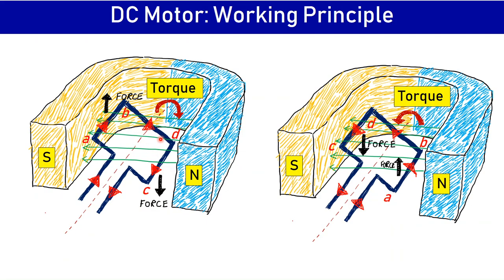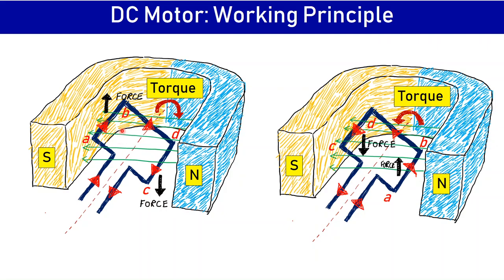So I am showing both the cases. In one case, we have the conductor AB under the south pole and conductor CD under the north pole. In the second case, when this coil rotates, we have this conductor AB under the north pole and the conductor CD under the south pole.